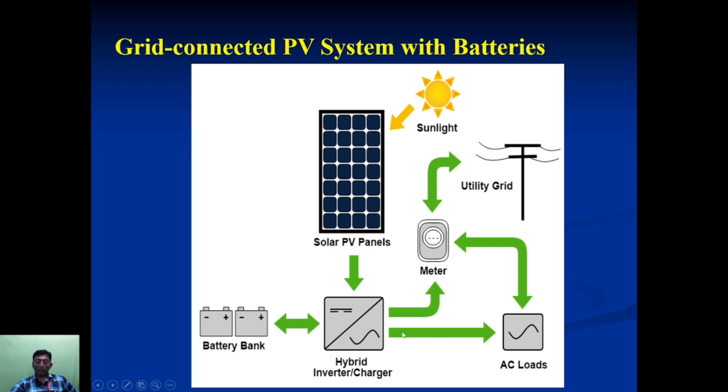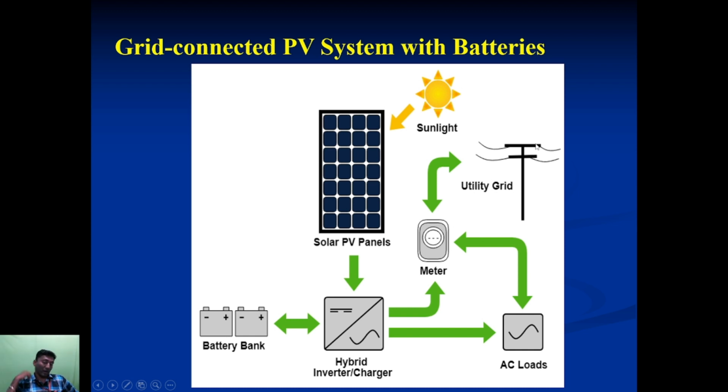So during night time the electricity stored inside the battery is withdrawn through the inverter. The inverter converts the stored DC into AC and applies it to the AC load. And if we have an excess amount of electricity generation, we can apply that electricity to the grid also.